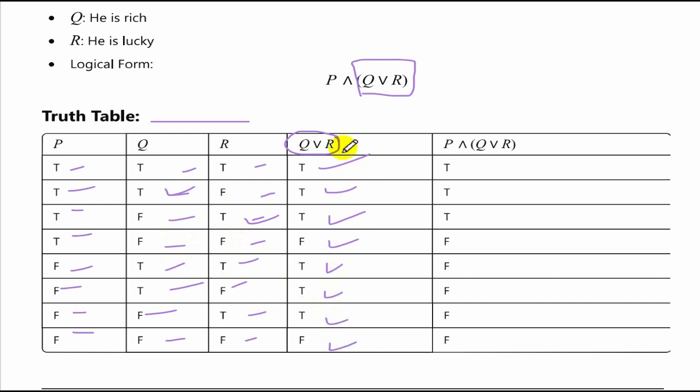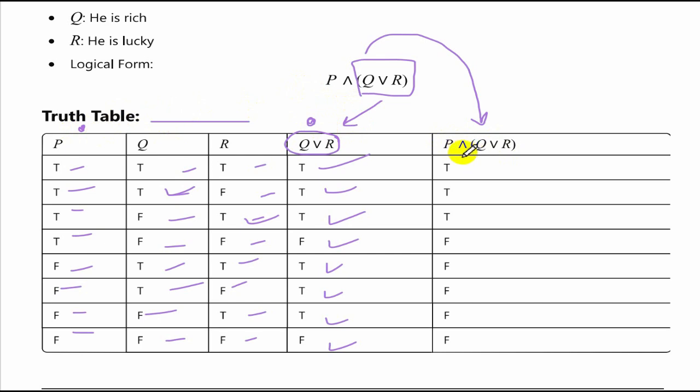Okay. Once we have done this, now we write the entire symbolization in the last column. We have already done this part in this column. So we take this column, and then we take the P column, the first one. Now we have to join these two with the AND symbol.